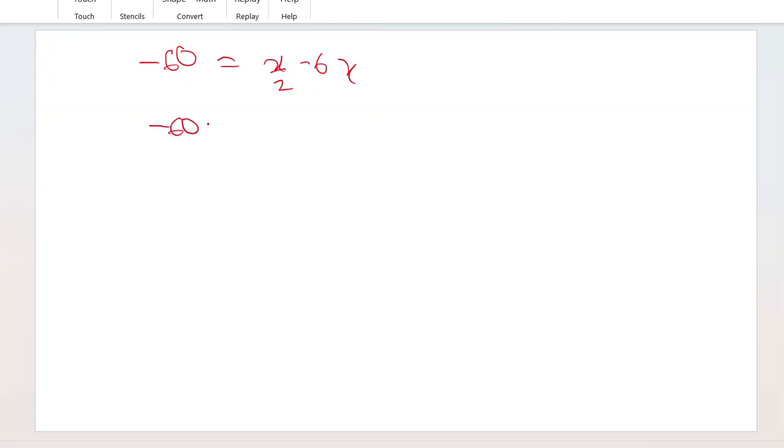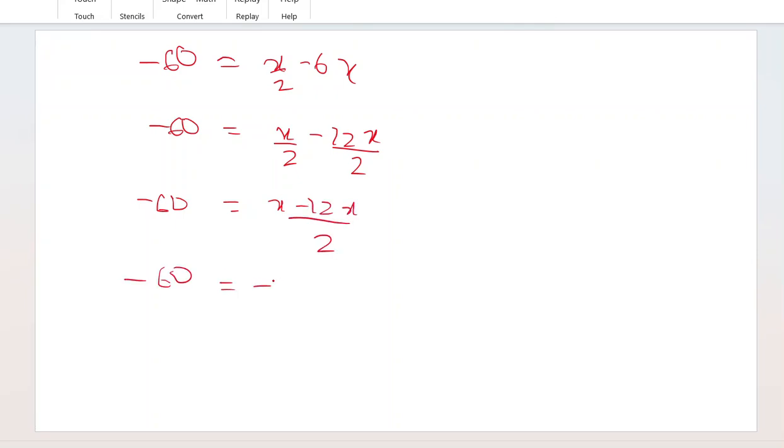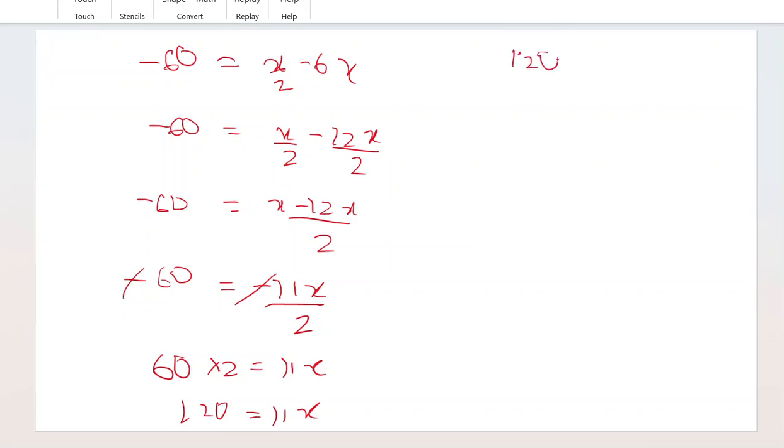Therefore I get minus 60 is equal to x by 2 minus 12x upon 2. I get minus 60 is equal to minus 11x by 2. I cancel the negatives and I get 60 into 2 is equal to 11x. 120 is equal to 11x. So I get 120 upon 11 is equal to x.